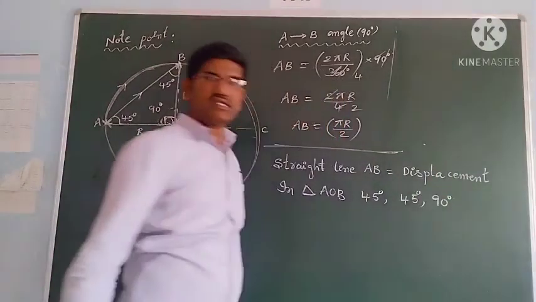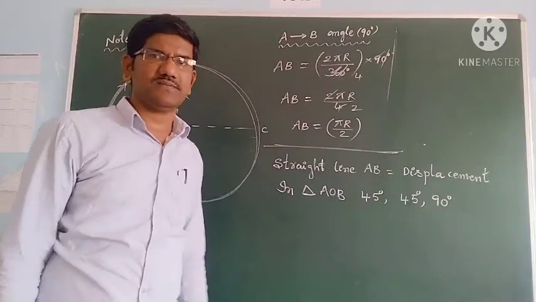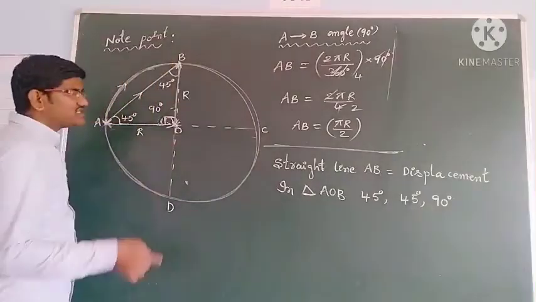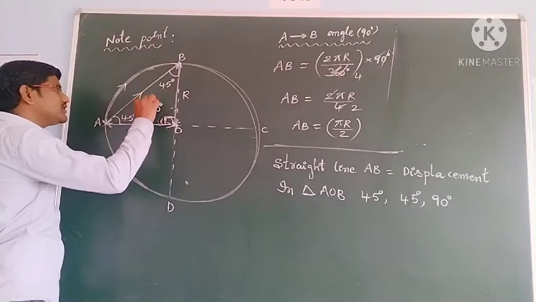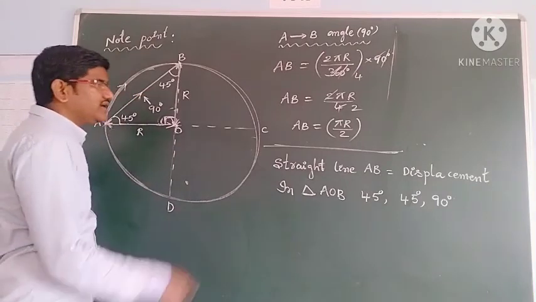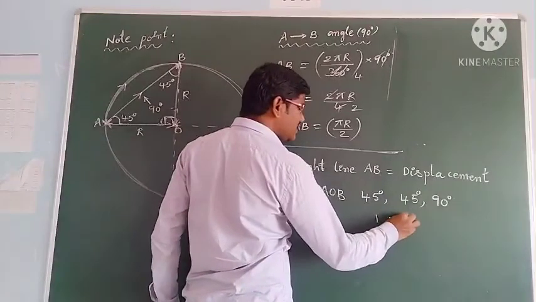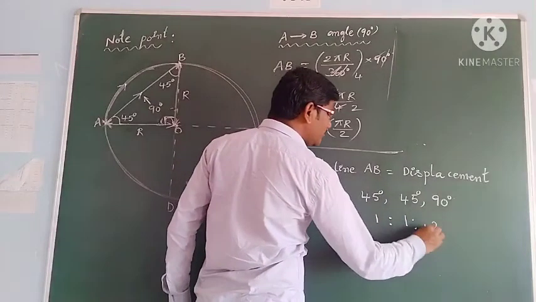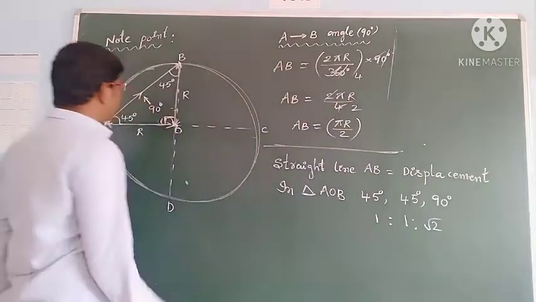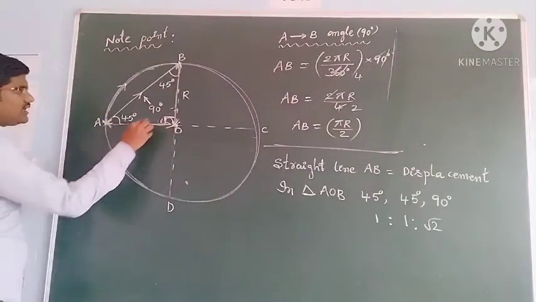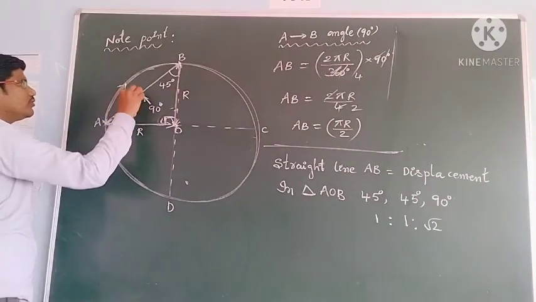The side opposite the 90 degrees is AB, which is the displacement. So the sides ratio is 1:√2. It means if this length is R, and this is R, then this will be √2 into R.